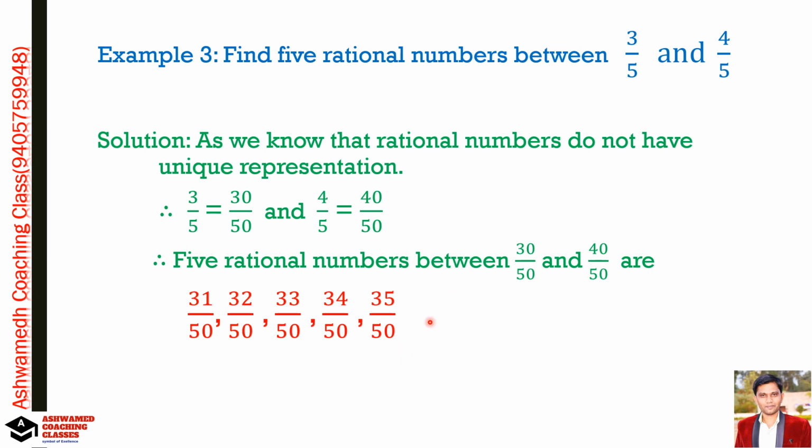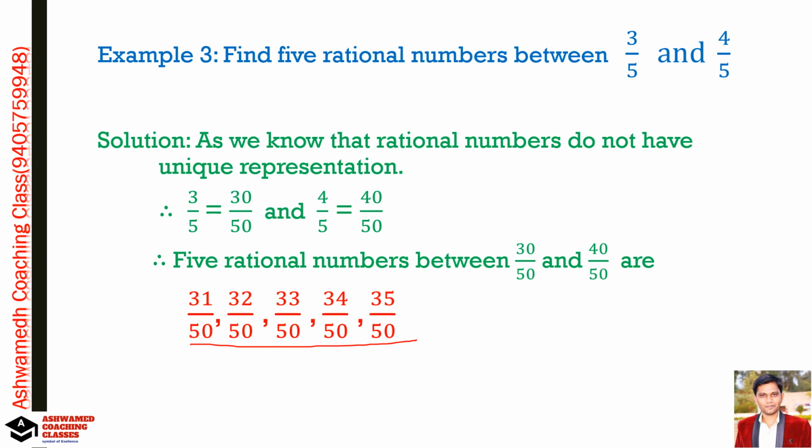Next is 36 by 50, 37 by 50, we can write those also. But we only want five numbers, so we have written these five. These are the five rational numbers we want between 3 by 5 and 4 by 5, meaning 30 by 50 and 40 by 50.